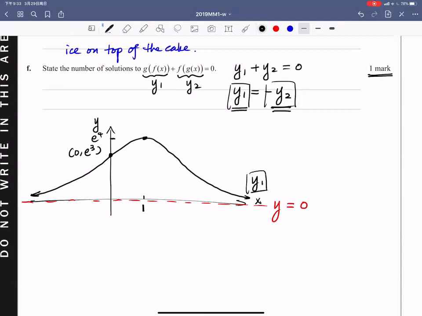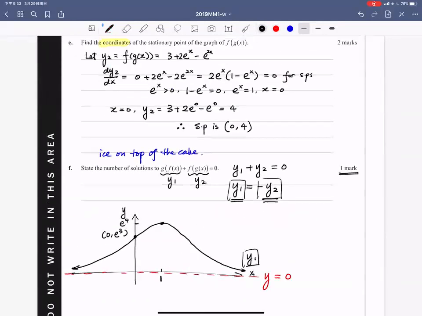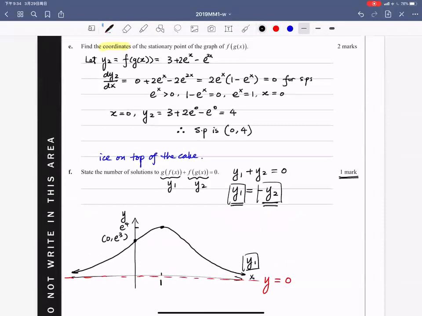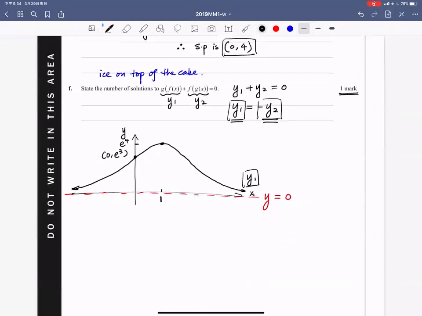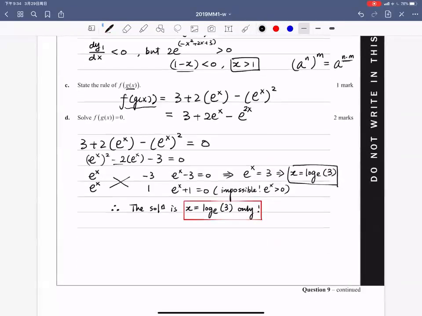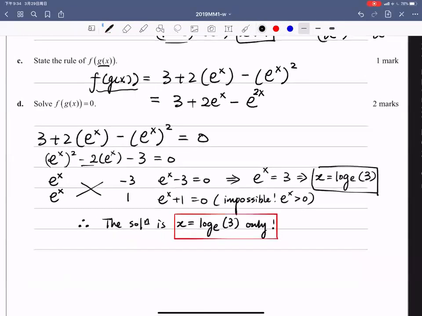How about minus y2? If positive y2 has a stationary point at (0, 4), that should be roughly here or here, even lower. That's (0, 4). If you reflect that with a negative sign, it will be (0, minus 4). How about the solution obtained from part D?